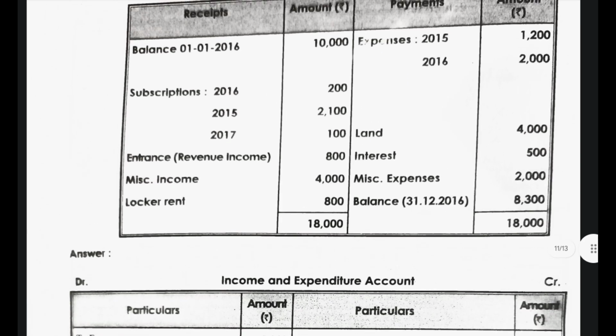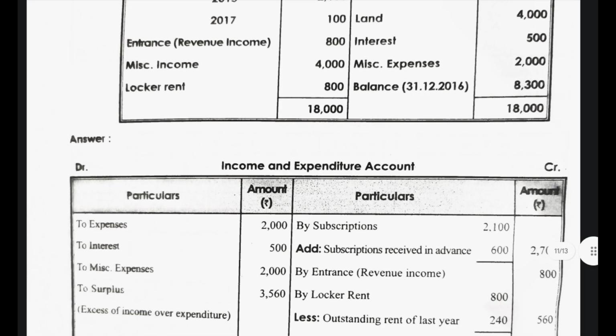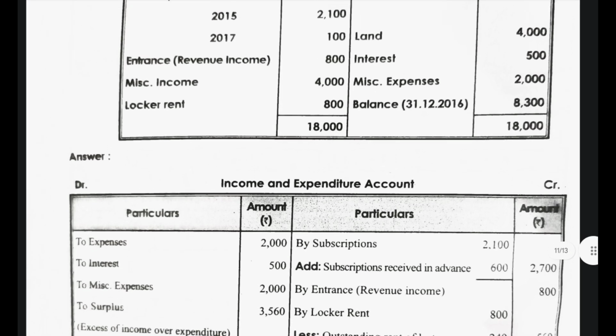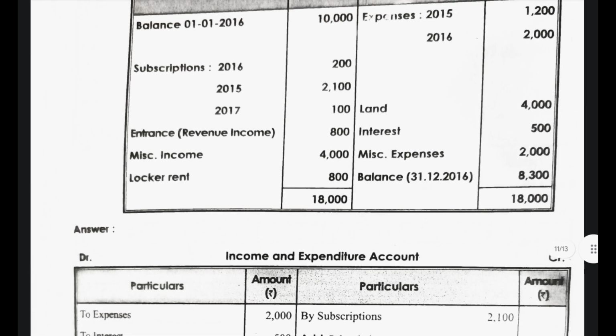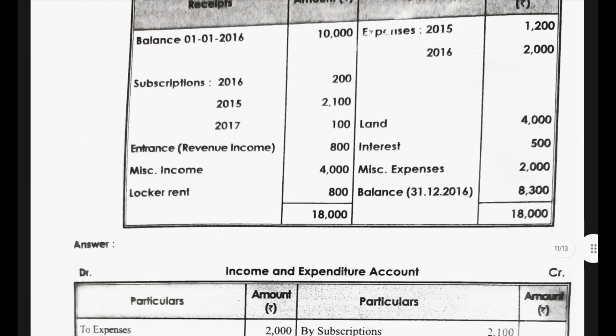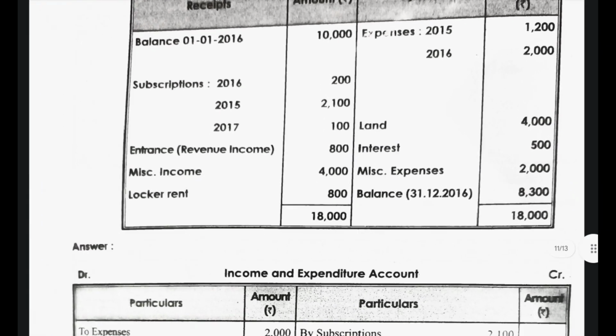Now come to the payment side. Land is an asset. Interest we have taken 500 and miscellaneous expenses 2000 we have taken. Miscellaneous expenses two times, so here expenses of 2015 and also 2016 are given.